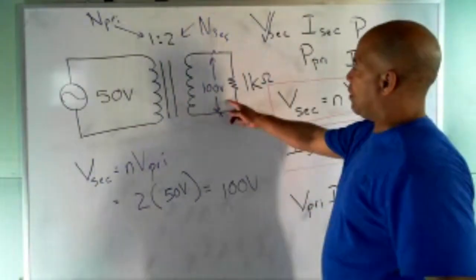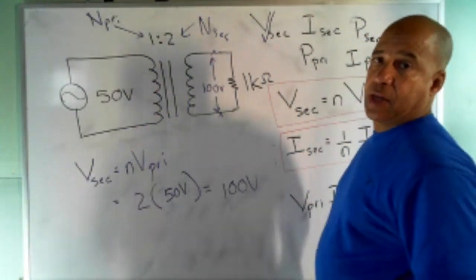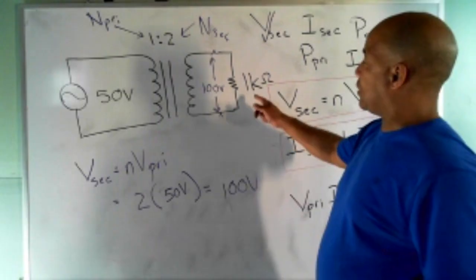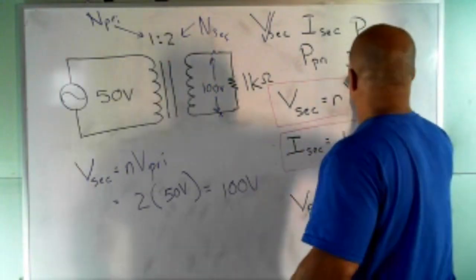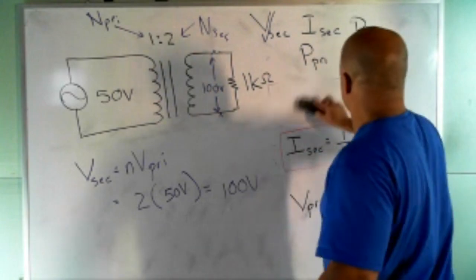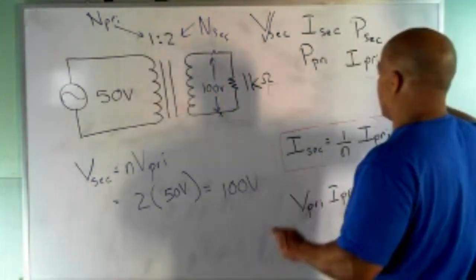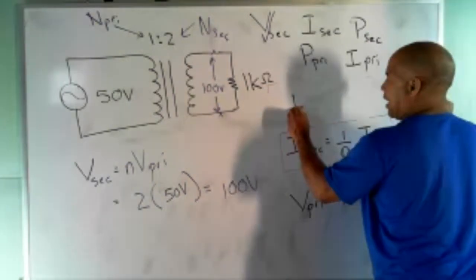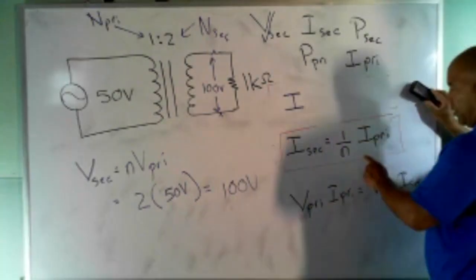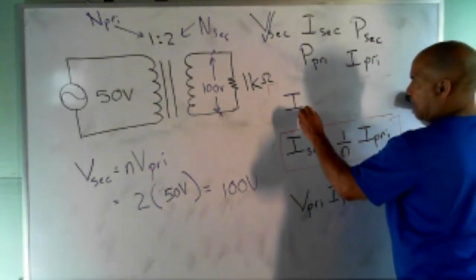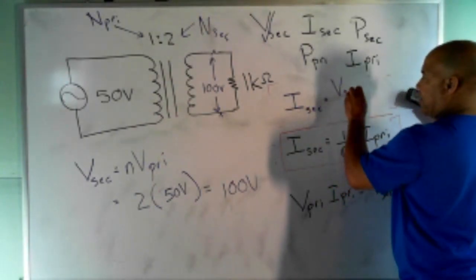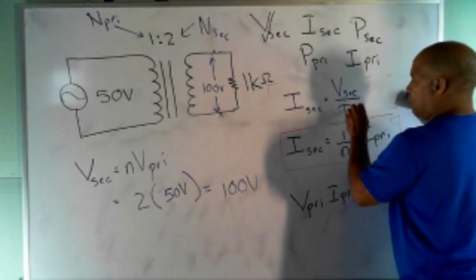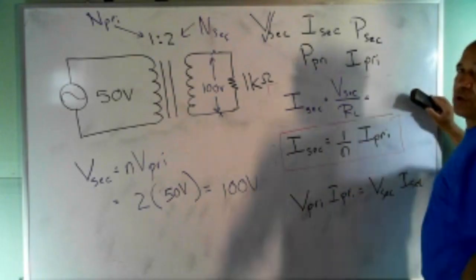If I know the secondary voltage, I get the secondary current. Notice the secondary current depends on the load resistance. So that's pretty easy for me to get. So secondary current is by Ohm's law. I mean, you could use the transformer equation, but by Ohm's law, I sec is just V sec over my load resistance. So it's best to just use Ohm's law for that.